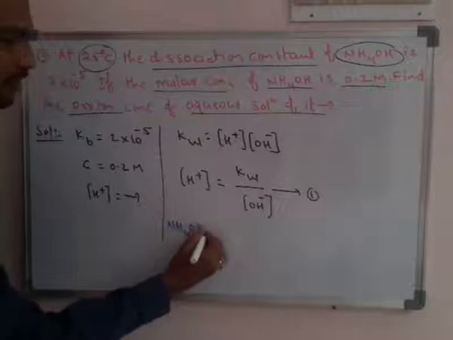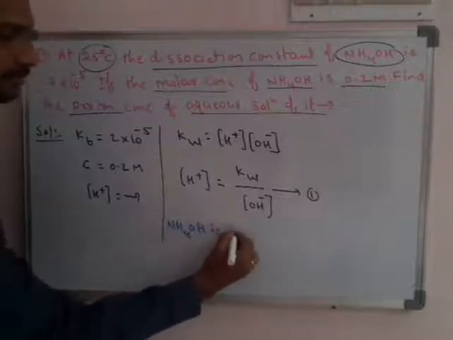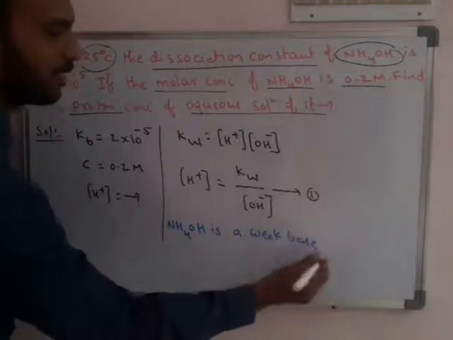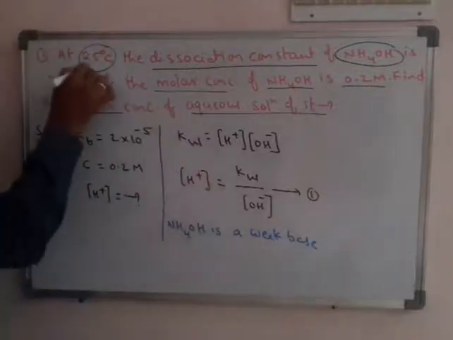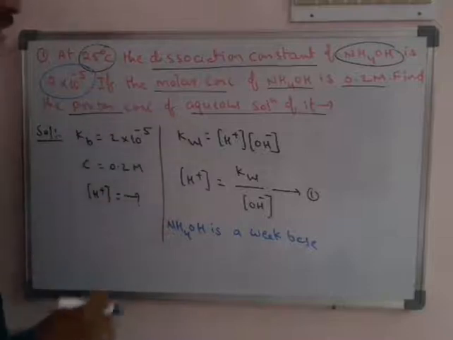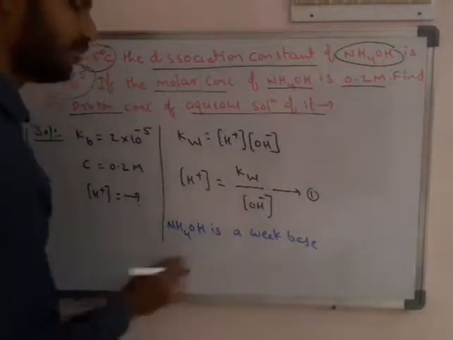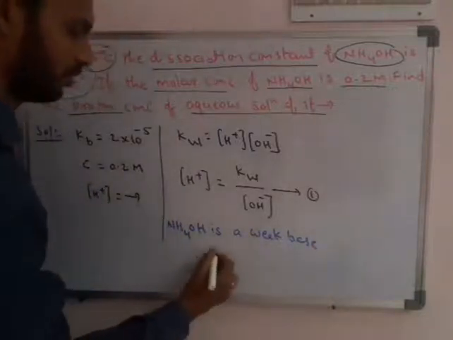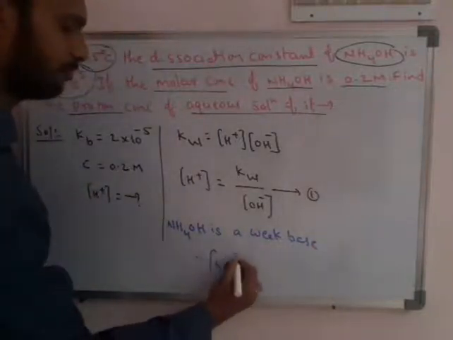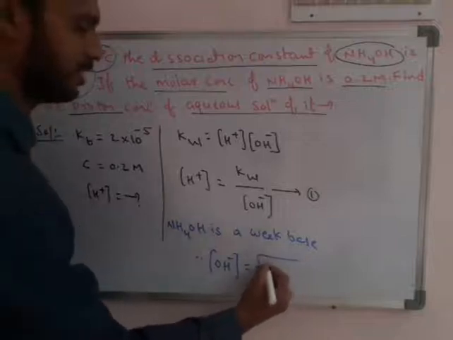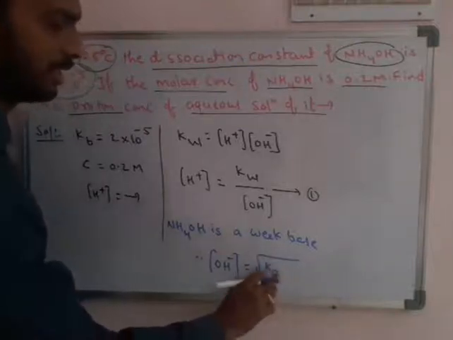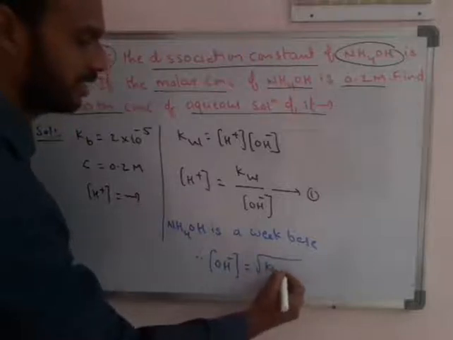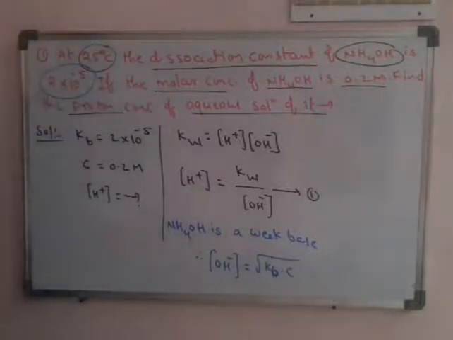We know that NH4OH is a weak base. How do we know? If the Kb value is given, we can say it is a weaker one. So what is the formula? OH minus is equal to root of Kb into C, as it is a base dissociation constant.